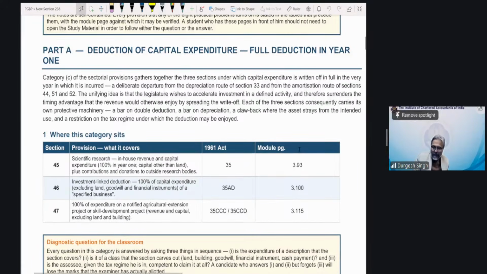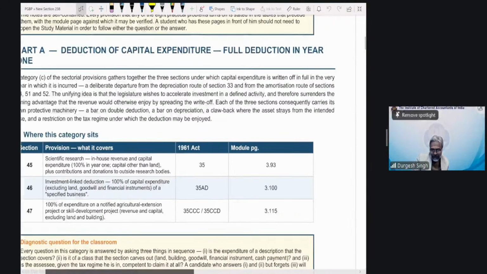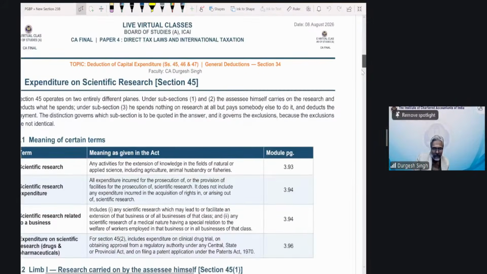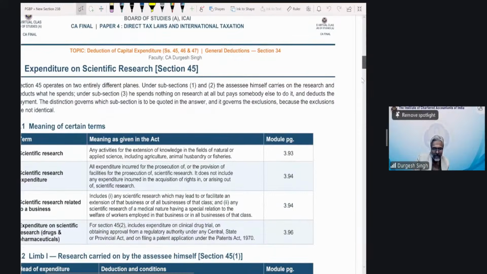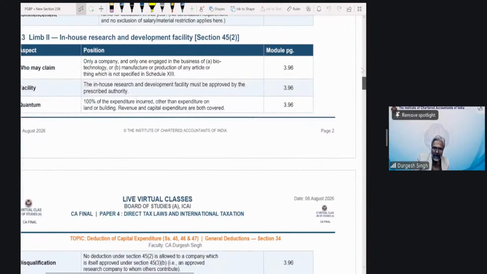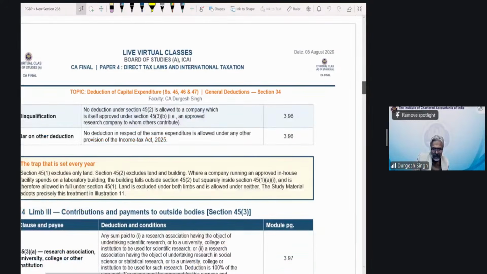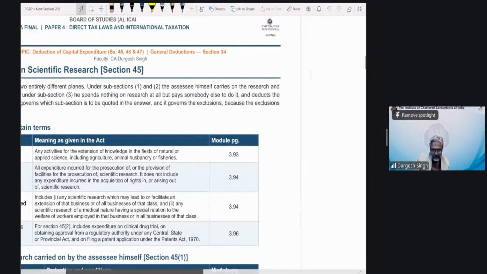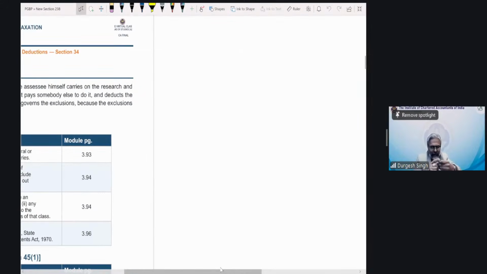Now, students, over here, in this context, section 45. Students, section 45, let me just confirm the subsections. Section 45. So, students, section 45, you may take a note of it.